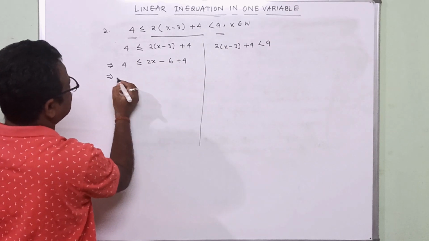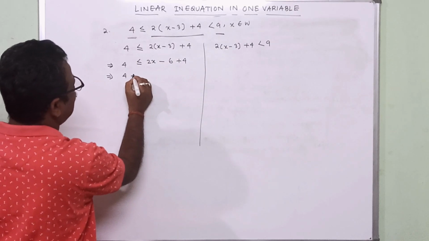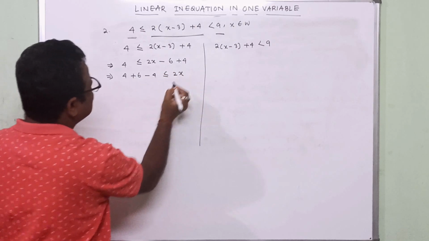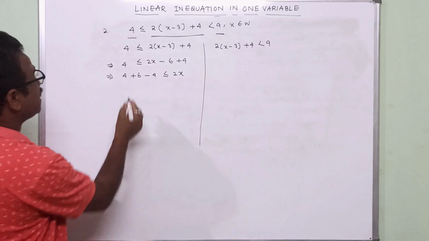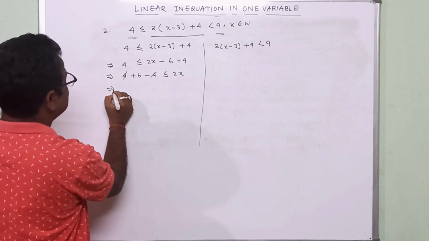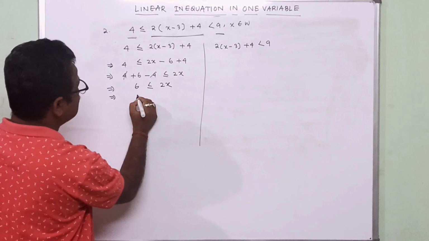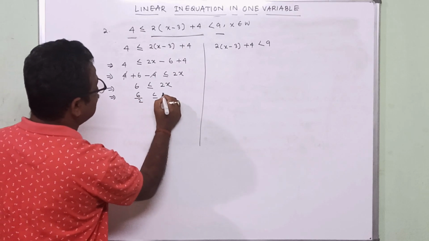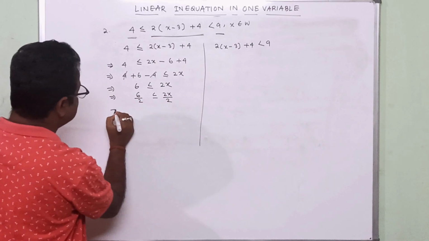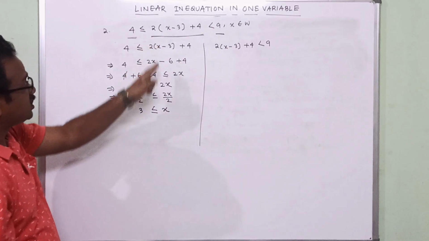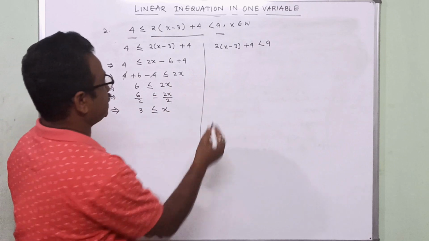That implies 4 plus 6 minus 4 less than or equal to 2x, by the side change, sign change rule. Now 4 cancelled. That implies 6 less than or equal to 2x, so 6 by 2 less than or equal to 2x by 2, that implies 3 less than or equal to x. This is one part.